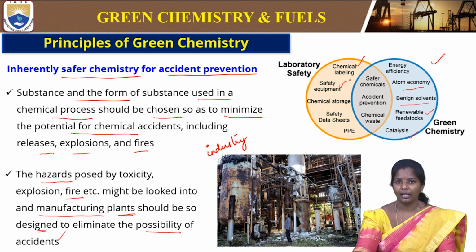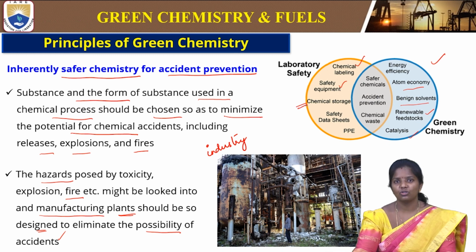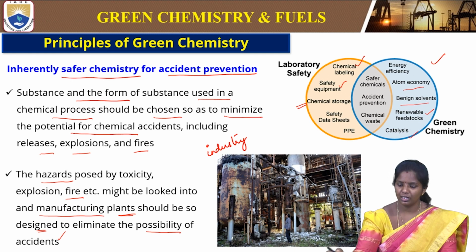Safety equipment like personal protection equipment, masks and gloves, and chemical storage, where the acids are to be stored and where the solvents are to be stored; flammable solvents should be kept apart. Then safety data sheets, having knowledge of that particular chemical, and then PPE, personal protection equipment.